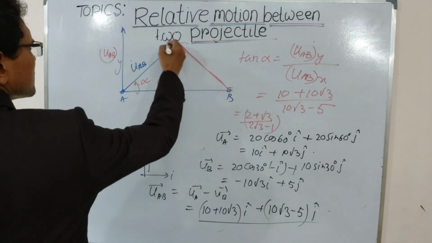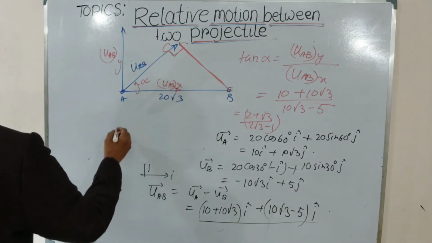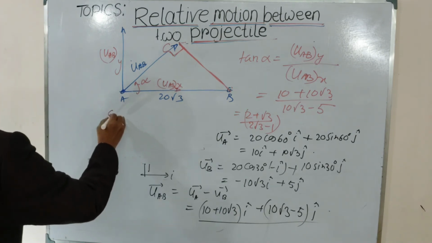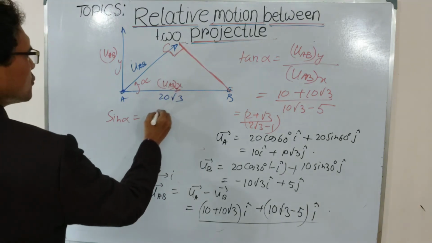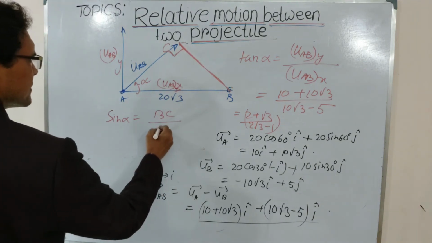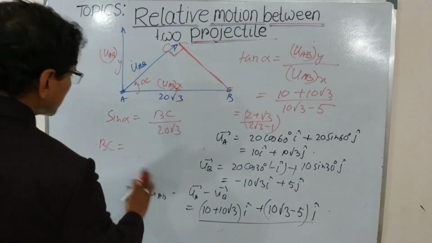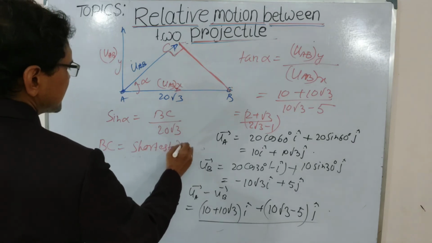So from the figure we get the shortest distance BC. Now sin alpha equal to BC by AB. So BC is the shortest distance.